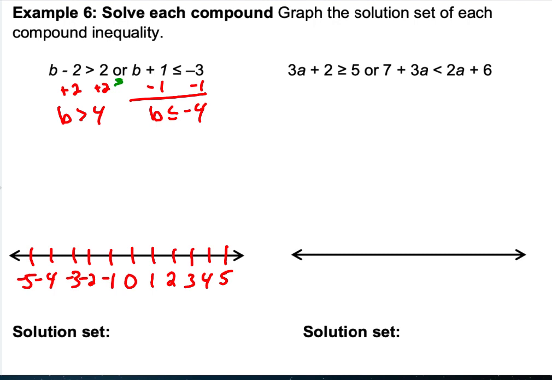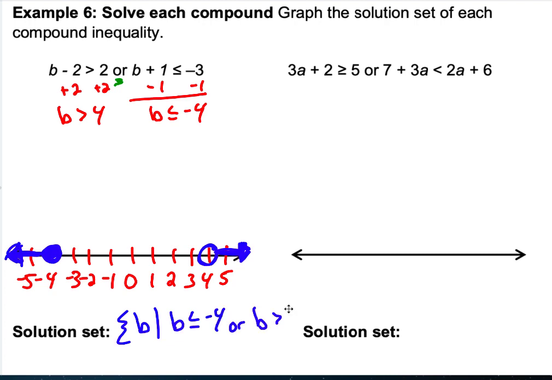I want B is greater than 4, so open circle and greater. B is less than or equal to -4, so closed circle and shading to the left. And then our solution set is b such that b is less than or equal to -4, or b is greater than 4.